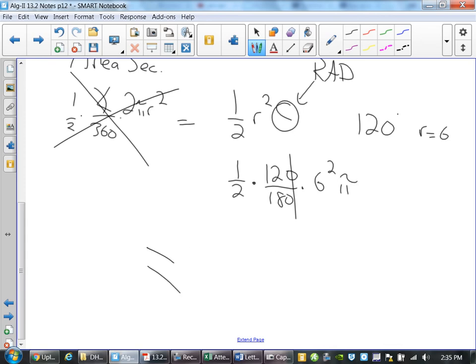Let's do this. Those are 6's, so that goes 2 and 3. 2's go. 36 pi over 3 is 12 pi. Yeah, it's square units.